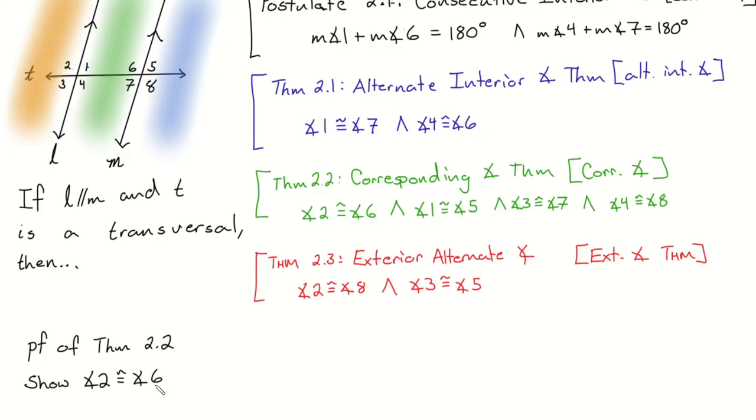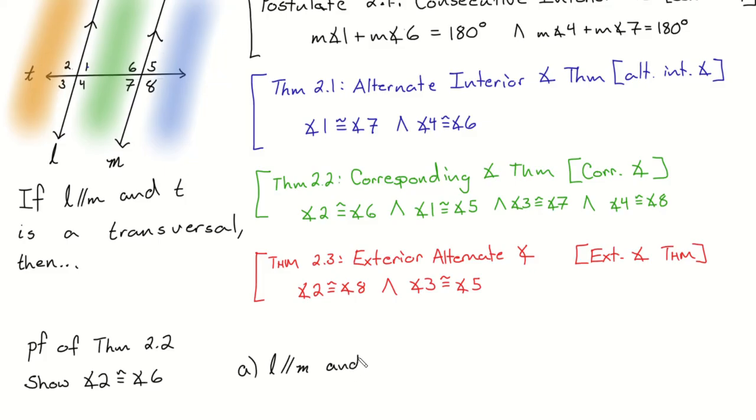Now, I'm going to use the same picture. I'm not going to redraw it since we already have it here. How do we always start a proof? The given information. Now, what is given to us in this? What is the hypothesis of theorem 2.2? L and M are parallel. So check it out. Line L is parallel to line M. Nice job, Prime.